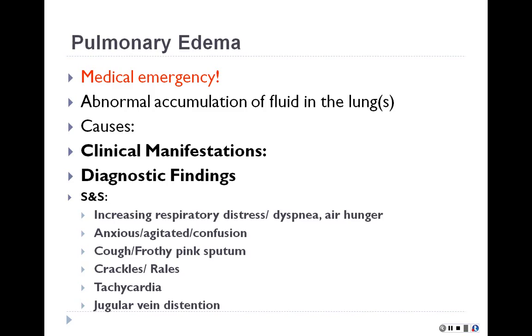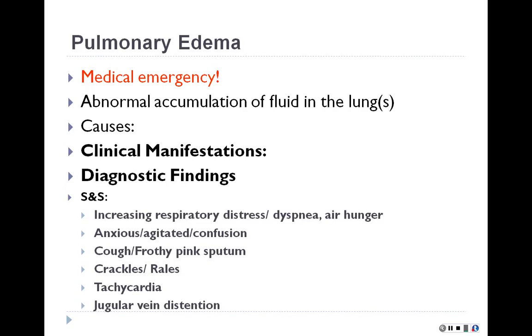We'll start seeing an increase in their air hunger. The patient will be really getting dyspneic. You see their nose flaring. You see their accessory muscles starting to be used or retracting. Cough and frothy pink sputum, and that's because, remember that last picture we showed, the blood and the fluid is getting across the membrane and filling up the tissue.